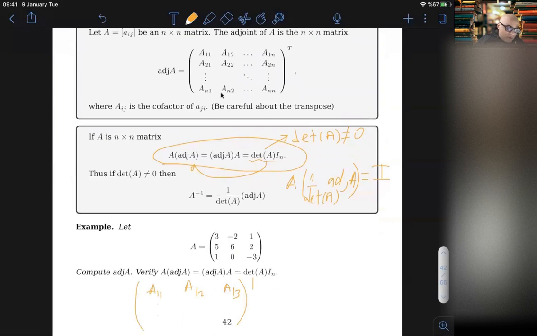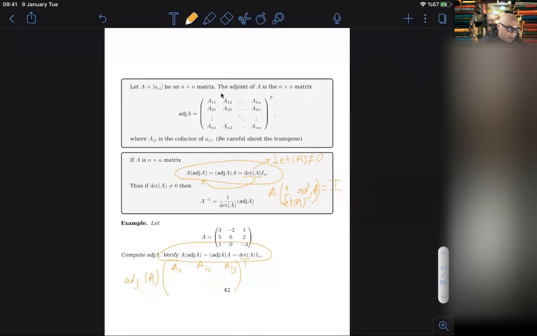Then you take the transpose of this, and you will come up with the adjoint of A. And then you compute the determinant, and you can verify this identity easily. I suggest you do this. If you can't, next time I will start from here.